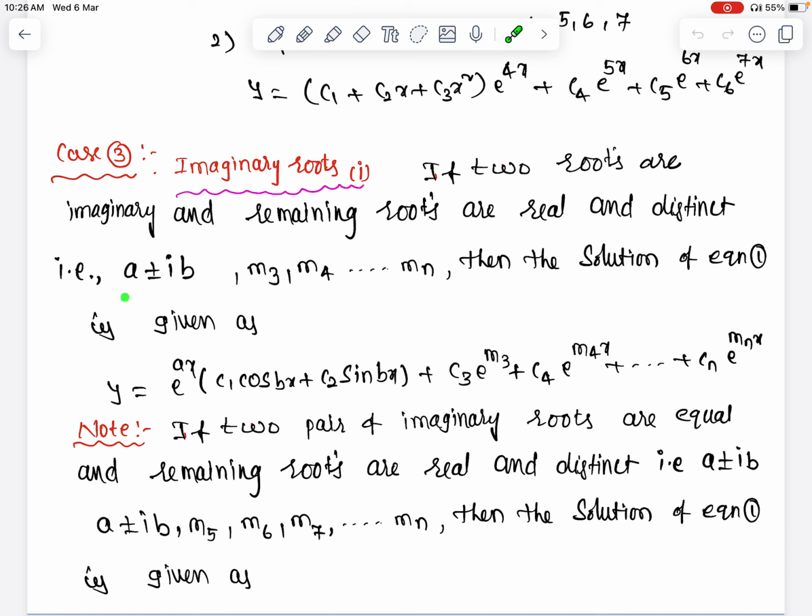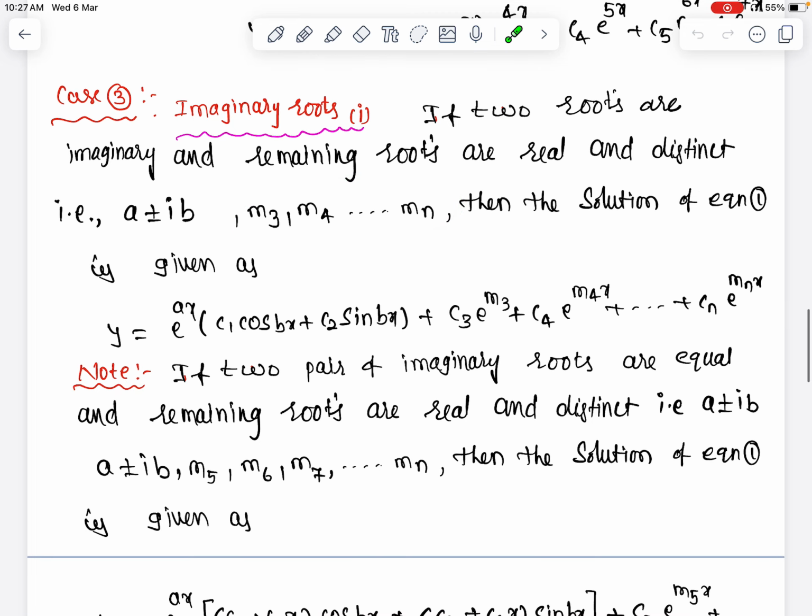Here two roots are imaginary, and the rest of the roots are real and distinct only. In that case the general solution is e power ax, where a is the real part, which we write outside. Then C1 cos bx plus C2 sin bx.